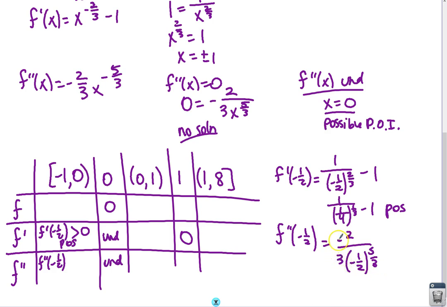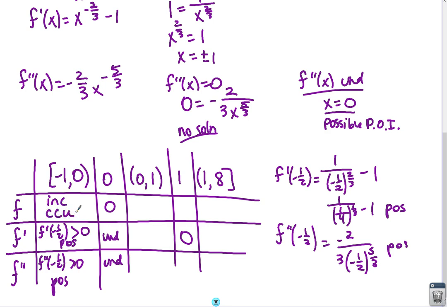Still times the negative, so you have a negative divided by negative, so it's also going to be positive. So this one is positive. That's better. Now that those are both positive, I know that my function is increasing and concave up. Done.